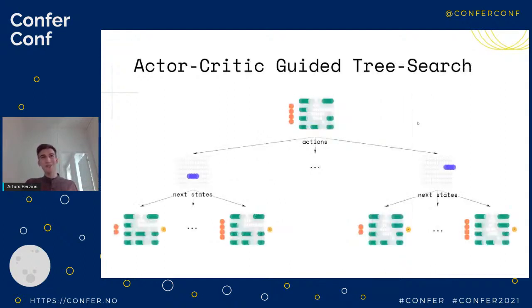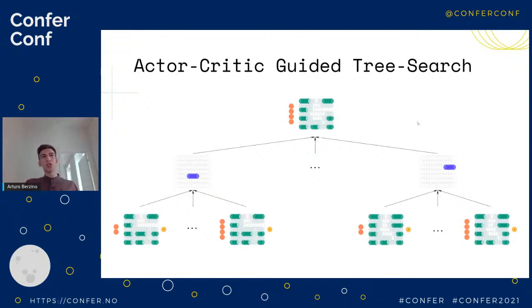So my idea was a very intuitive one: to model these uncertainties explicitly and build a tree search. But instead of using a naive tree search in which you expand all possible actions, you use the pre-trained actor you already have to expand only the best actions basically, and explore what happens in the next few steps.